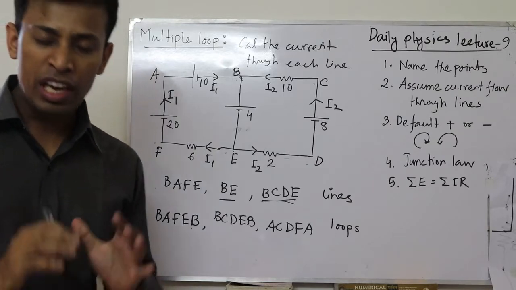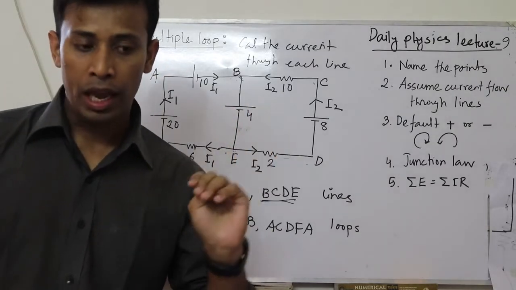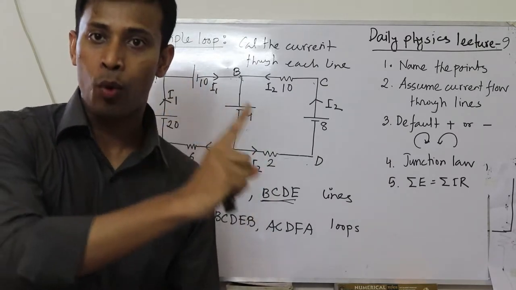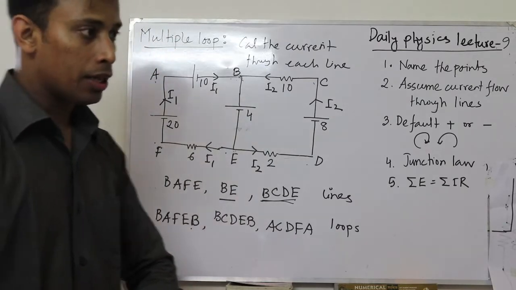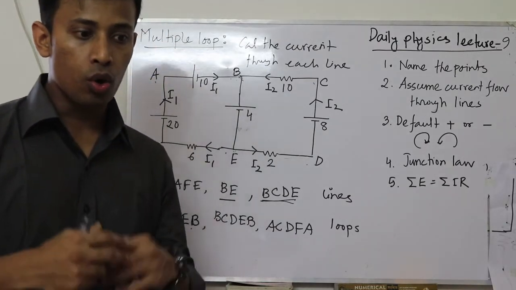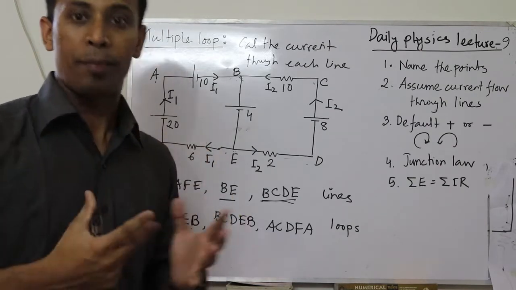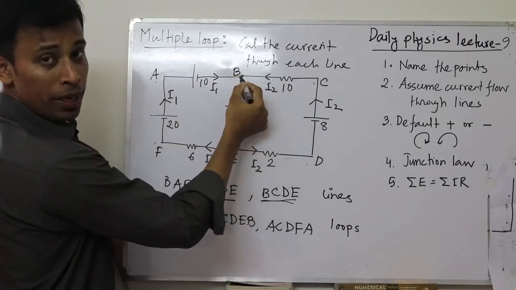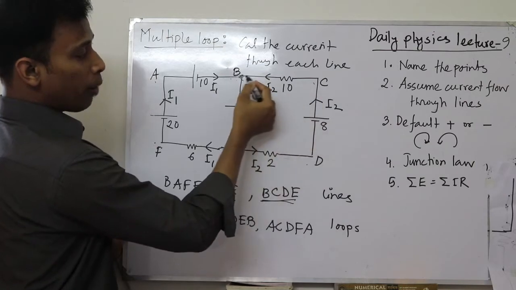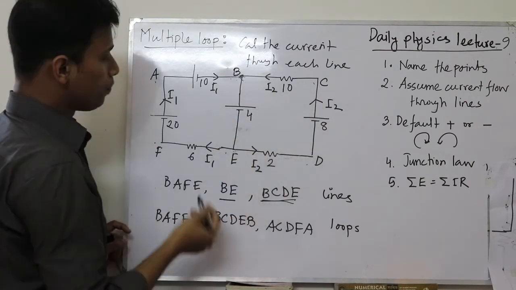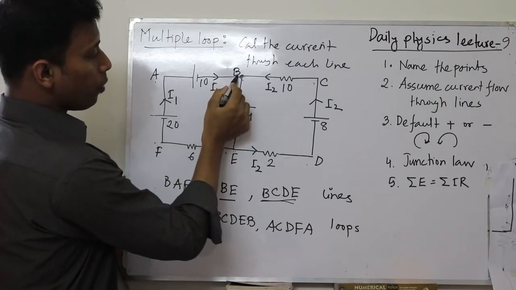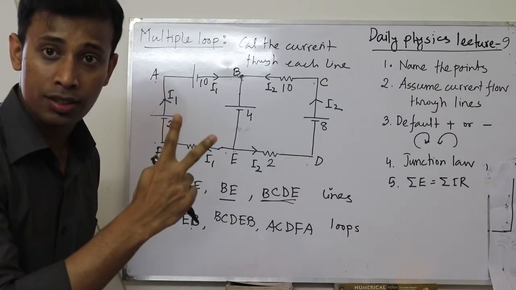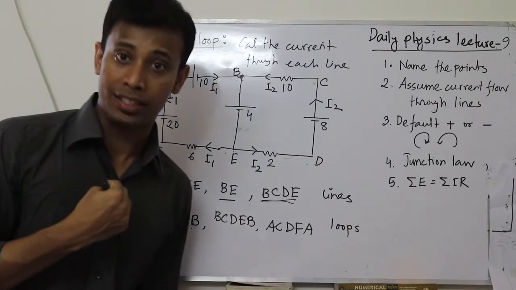We have only three lines, and we have already completed our assumption for two lines, and one line is left, so it's better to be pragmatic. Why? If I reach here, you can see that at point B, I2 current is moving inward, and I1 current is also moving inward. So two currents are inward according to my assumption.